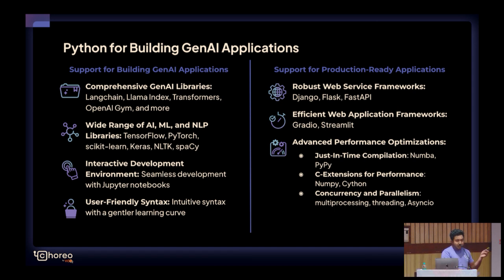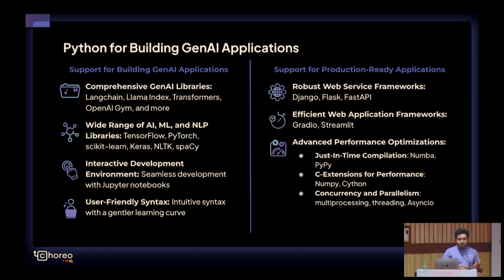On the other hand, Python is very well suited for writing experimental scripts and running them very quickly without involving a lot of deployment work. You can just get a Jupyter notebook and try out multiple things you want. And Python is very user-friendly for any developer.